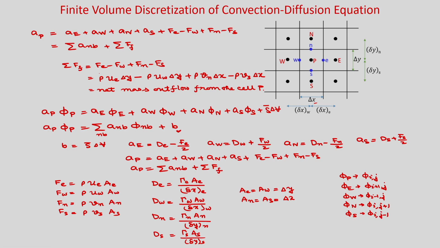So, in today's class we discretized the steady convection diffusion equation. We considered the 2-dimensional case, and we introduced the flux vector which contains the diffusion term as well as the convection term. Then we integrated this over the control volume P, and converted the volume integral to a surface integral using the Gauss divergence theorem.